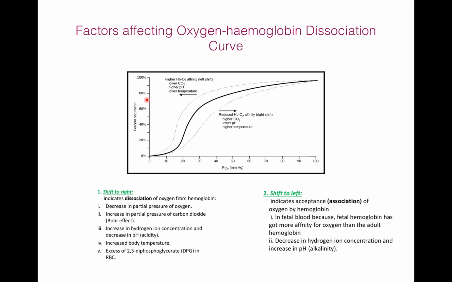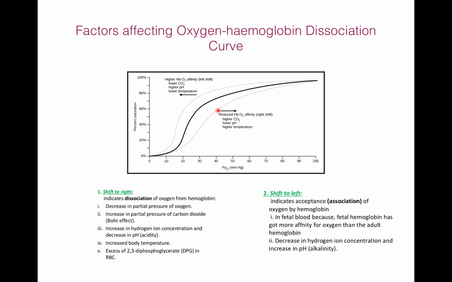When there is an increase in partial pressure of carbon dioxide, the curve also shifts to the right. When the curve turns to the right side and the oxygen binding capacity of hemoglobin is lowered with increase in partial pressure of carbon dioxide, it is known as the Bohr effect.